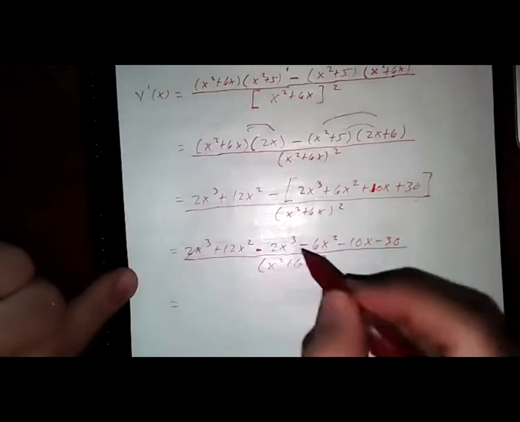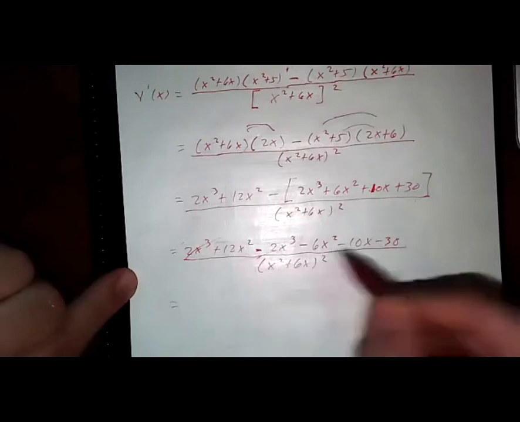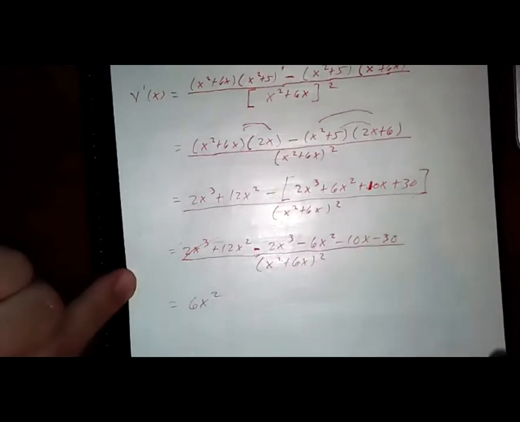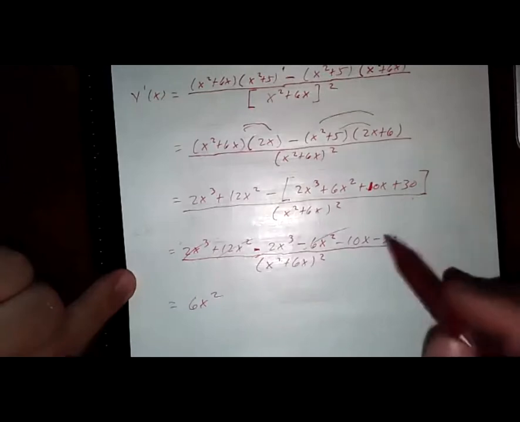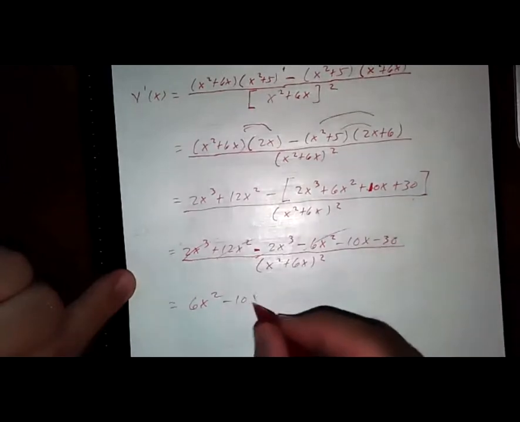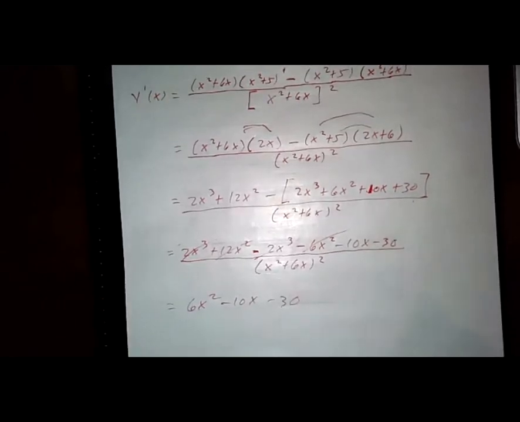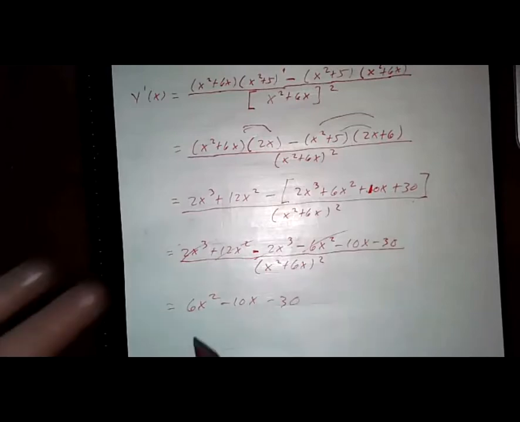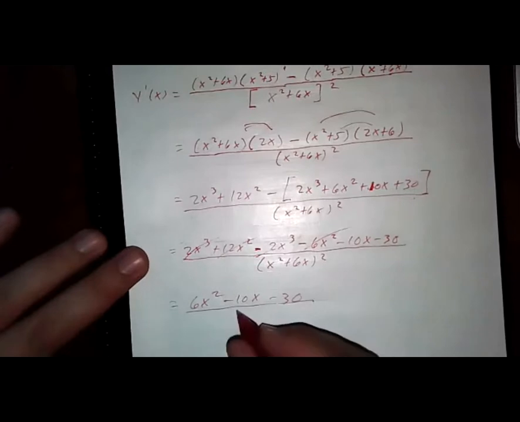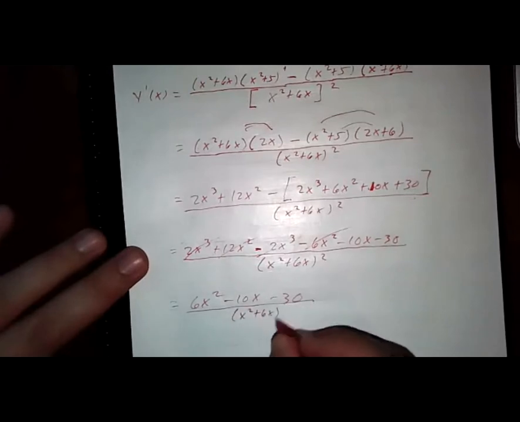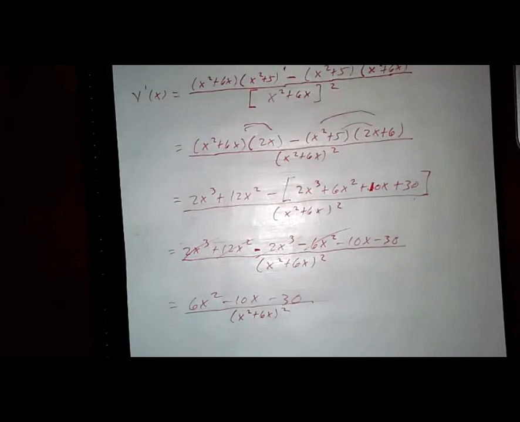These cubes will be gone, right? 12 minus 6, squared, 10x by itself, minus 30. All right, and that should be it.